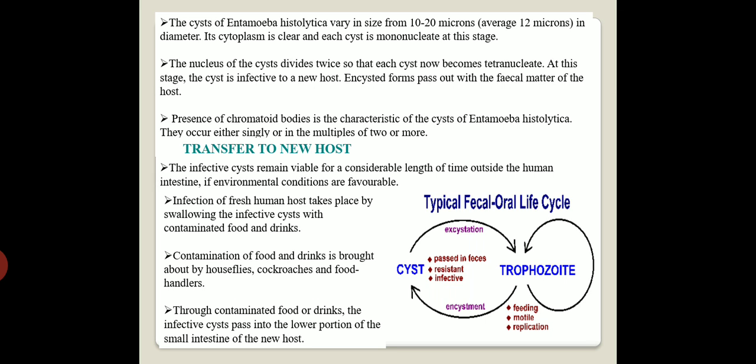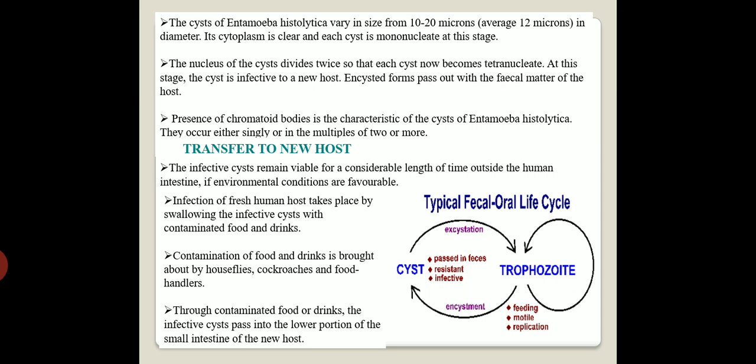The infective cyst remains viable for a considerable length of time outside the human intestine if environmental conditions are favorable. Infection of a fresh human host takes place by swallowing the infective cyst with contaminated food and drinks.